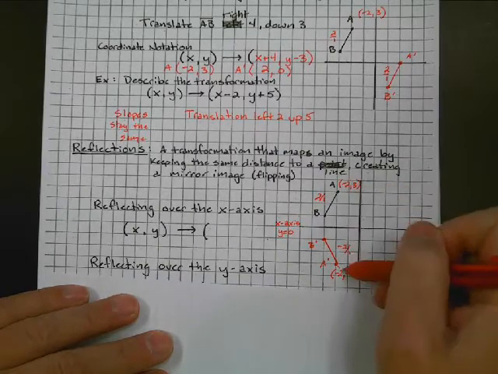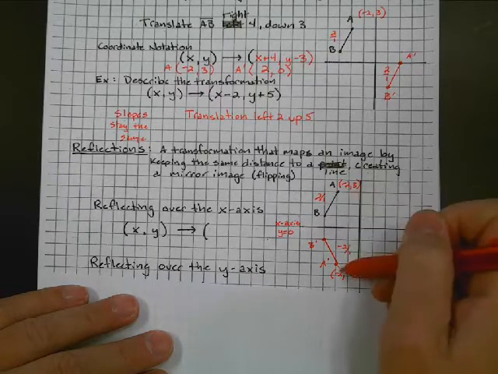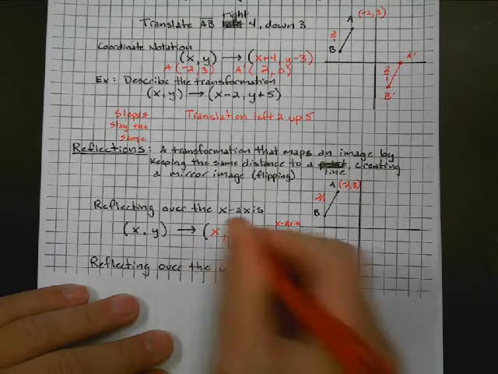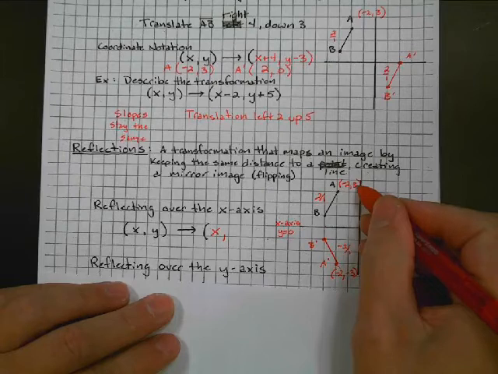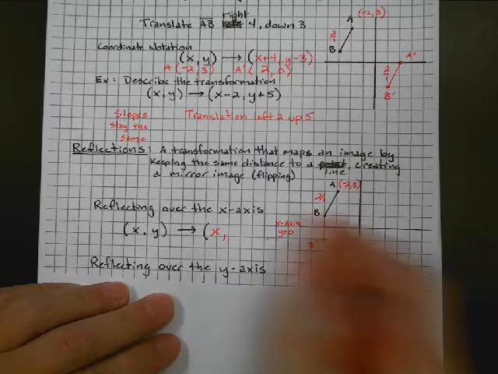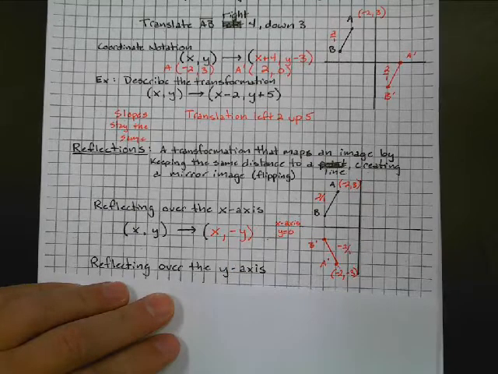The x-coordinates have not changed at all. It's negative 2 up here, it's negative 2 down there. So the x-coordinates stay the same. Let's look and see what happened to the y-coordinates. Up here, the y-coordinate is 3. Down here, the y-coordinate's negative 3. The y-coordinate has changed its sign. So we would put minus y, because the y-coordinate is changing its sign.